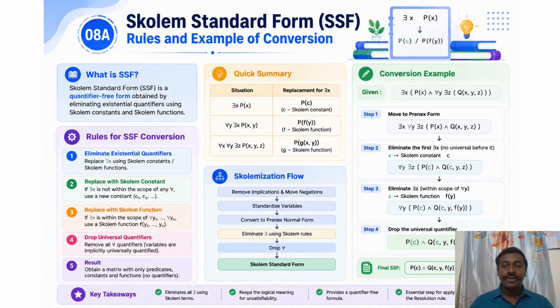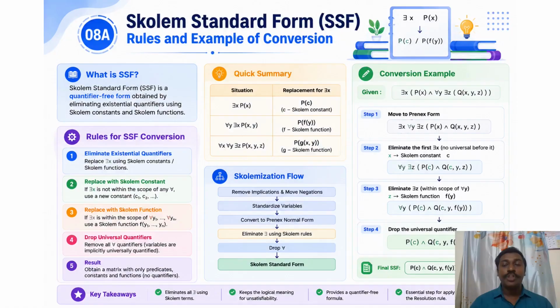Otherwise, we have to use the universal quantifier that is present. Replace with the Skolem function if there exists x is within the scope of universal y1 to yn, then we can use a Skolem function f of y. Otherwise, we have to use f of x comma y.